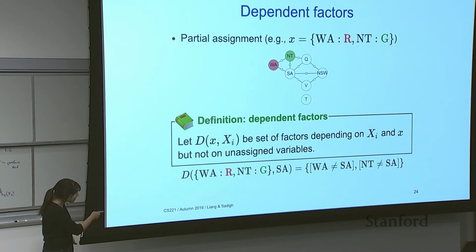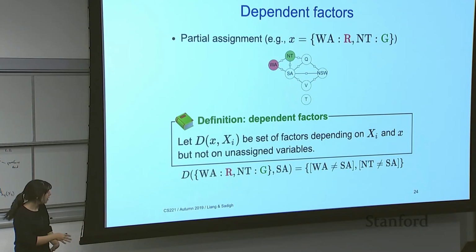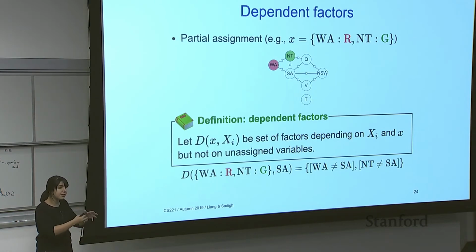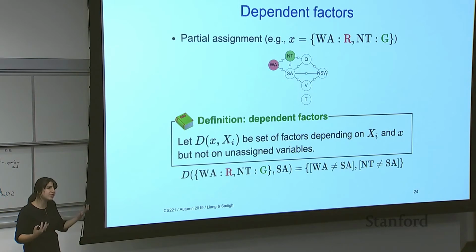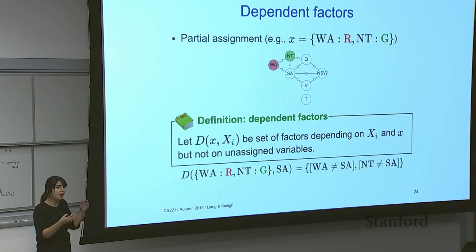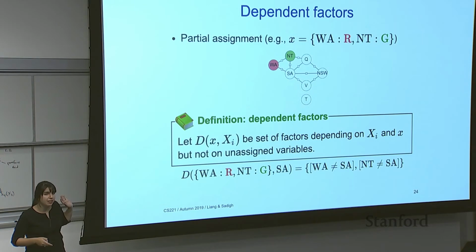I'm going to pick the factor that says WA is not equal to SA, and the factor that tells me NT is not equal to SA. The idea of dependent factors is that it allows me to think about the next things I should be worrying about. If you remember tree search algorithms, you would look at the children of some node. Here we're going to look at dependent factors, because those are the next factors we should care about. That's why I'm defining dependent factors.